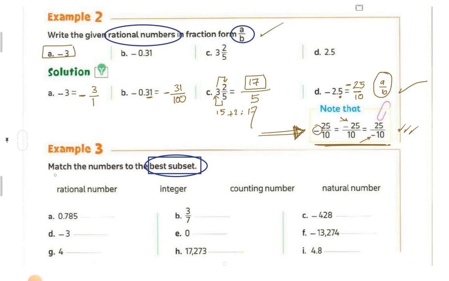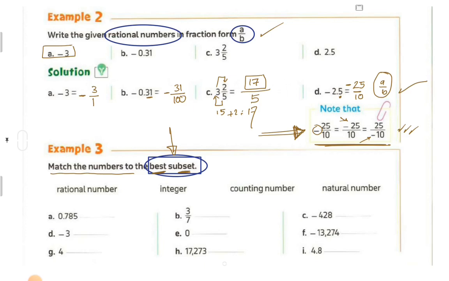Here he asked us to match each number to the best subset. What do we mean by the best subset? Best is the greatest fit, the most fitting. Okay, let's try. A: 0.785.